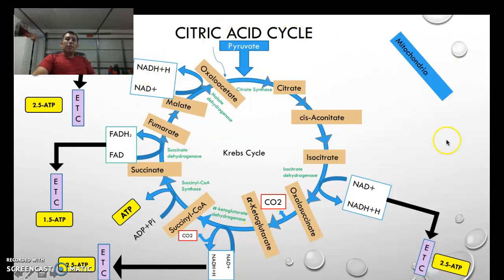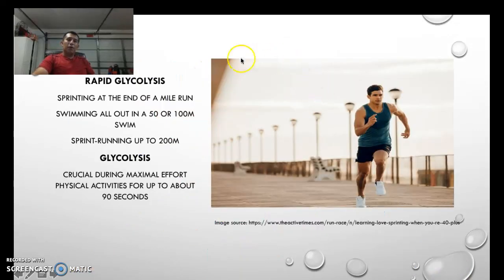All this happens in the mitochondria. So all these cycles, pretty much beta oxidation and rapid glycolysis, go through this. Rapid glycolysis is utilized mainly for short sprinting at the end of a mile run, swimming all out on a 50 or 100-meter swim, sprinting up to 200 meters.